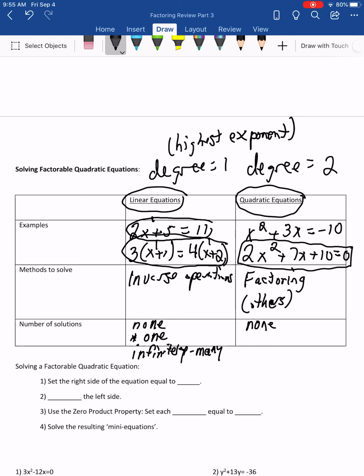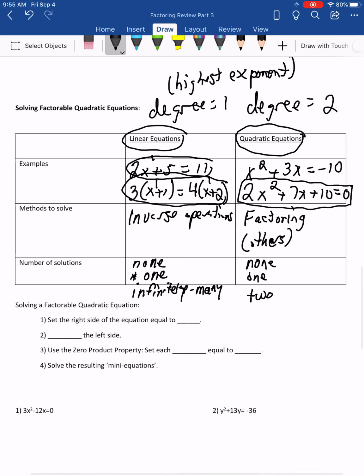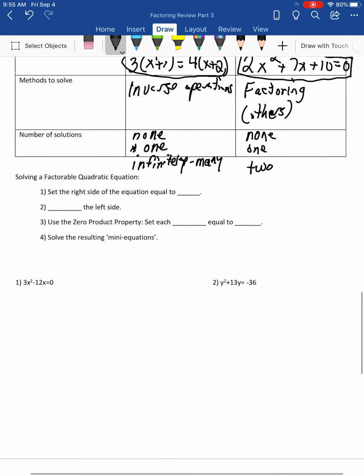What we're going to say is they have no real number solutions. They can have another kind of solution called imaginary solutions that we will be getting into probably about a week or two from now. They can have one solution, or they can have two solutions. All right. So, comparison between linear equations and quadratic equations.